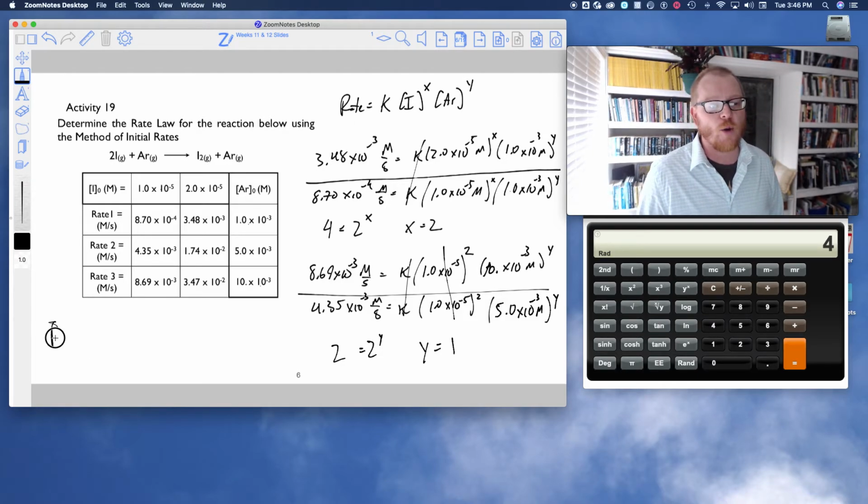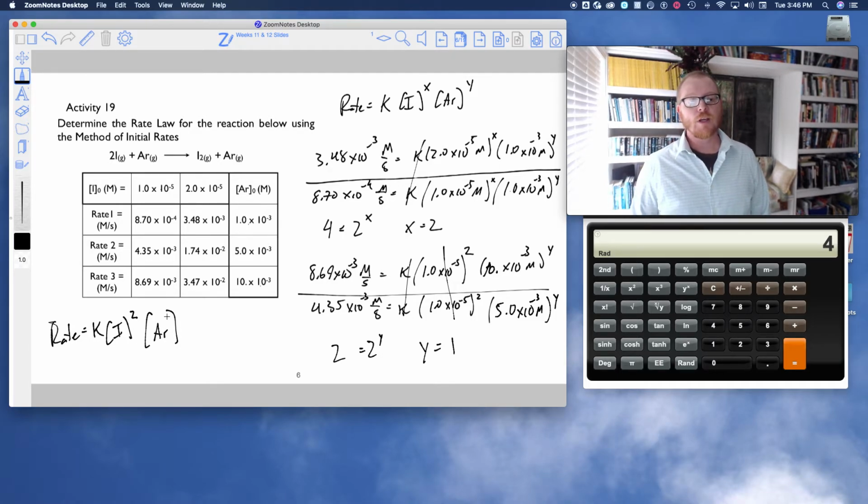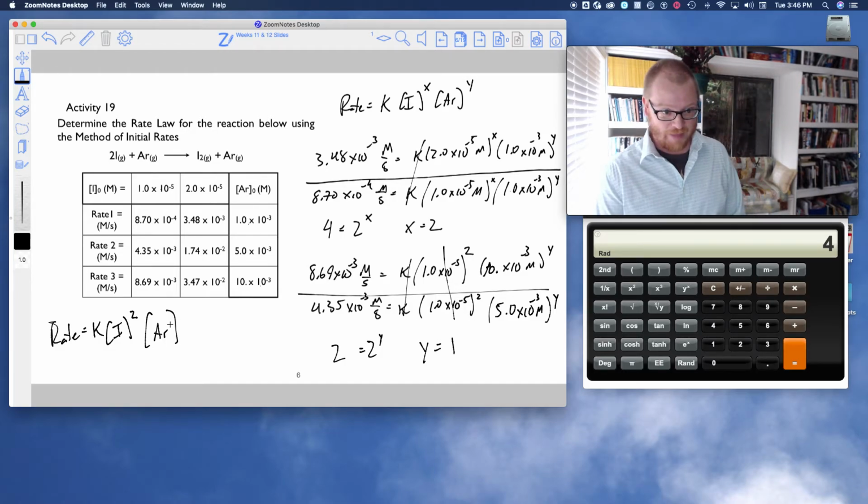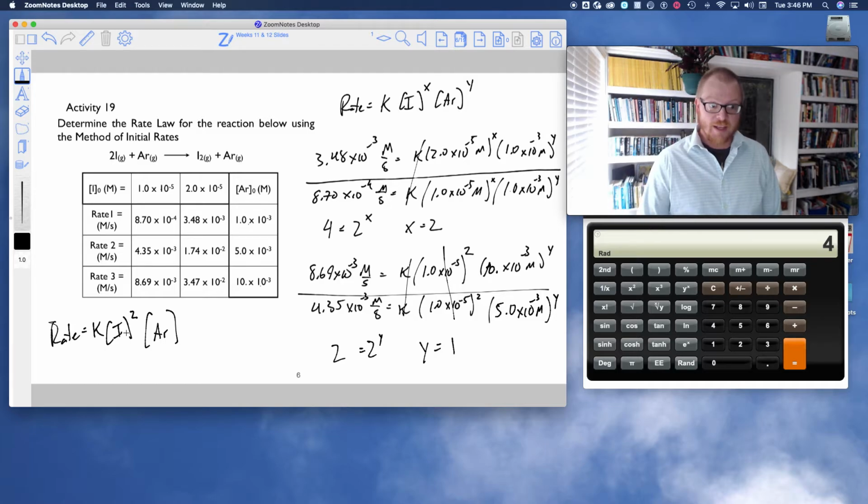Well, my rate law equals K times iodide to the second power times argon to the first power. So what we would say is the reaction is second order in I, it's first order in argon, and it's third order overall.